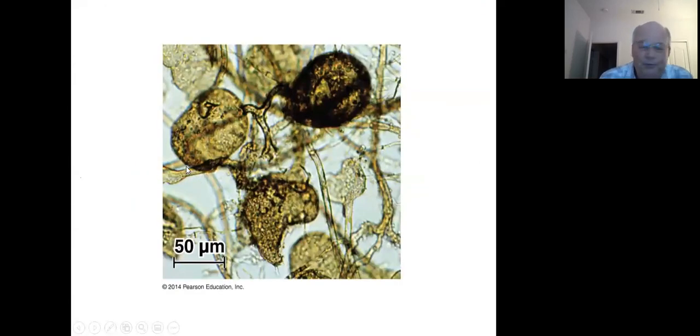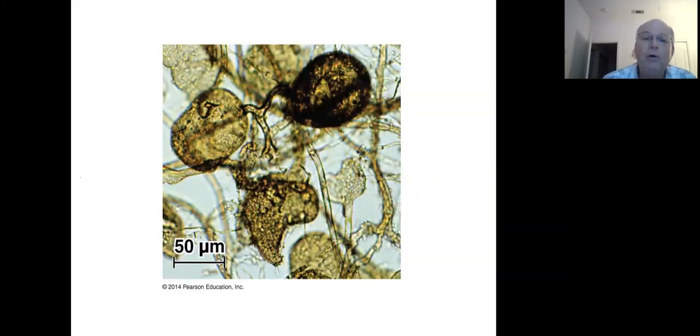Here's a photograph. You can find this in the textbook. And when you look at this and you compare this with the chytrids, these look remarkably like chytrids, or at least very similar to some modern chytrids. And that's one of the reasons why these are considered to be definitively fossil fungi. But these date from 440 million years ago.